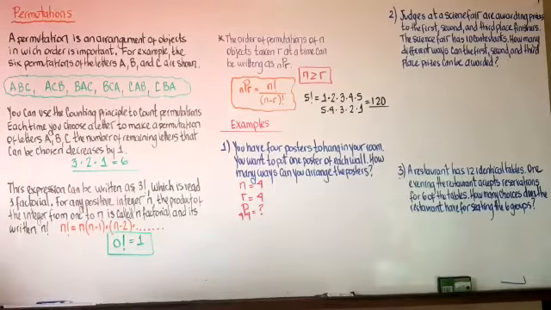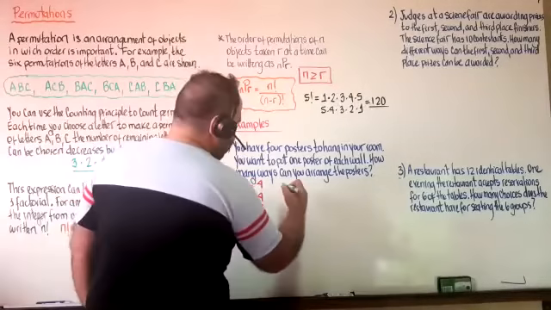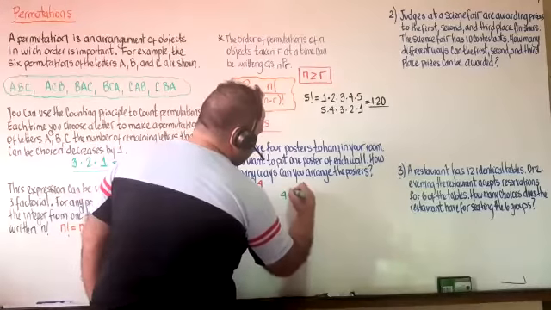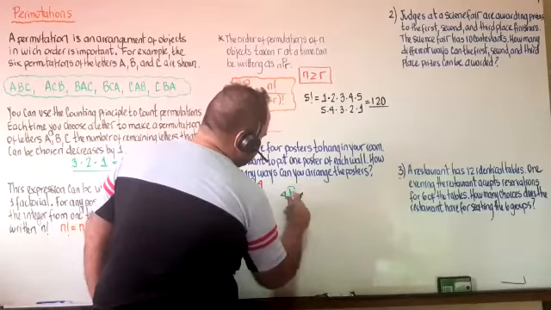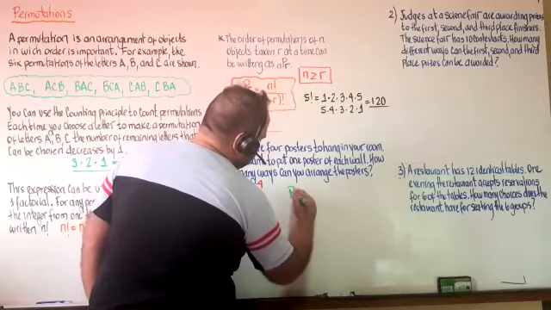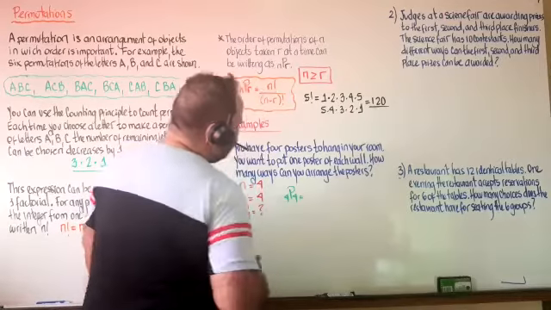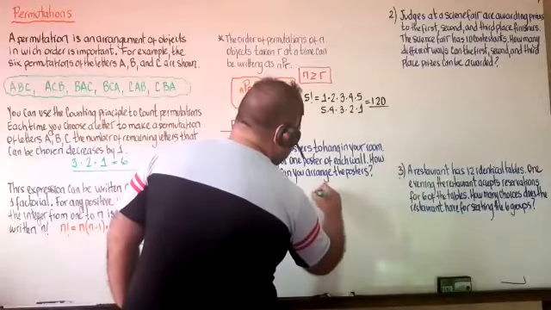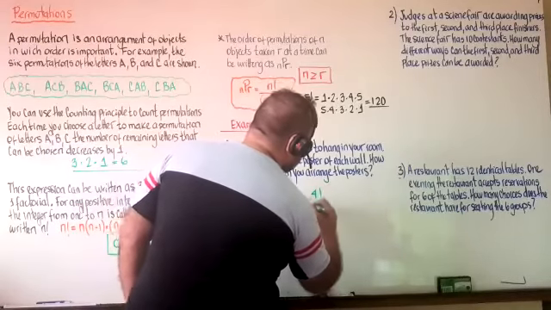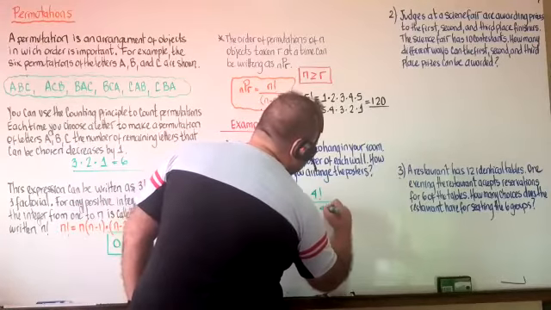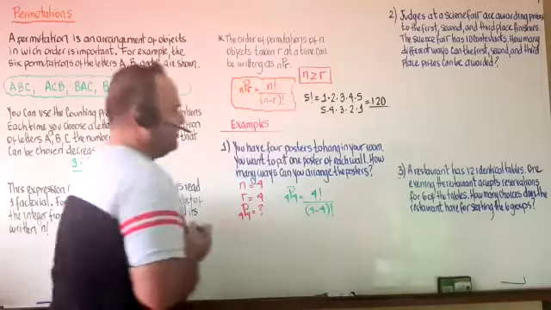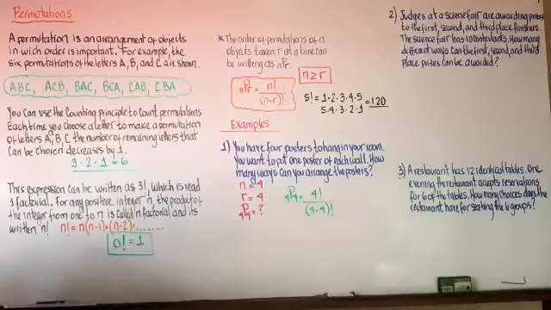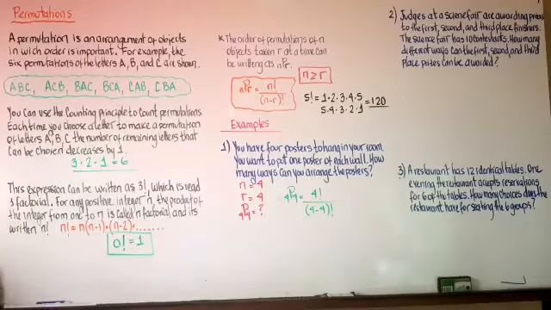Now what we're going to do is apply the formula, permutation 4 and 4. The formula says n factorial over (n minus r) factorial, that means 4 factorial over 4 minus 4 factorial. This is the way we're supposed to write the formula.